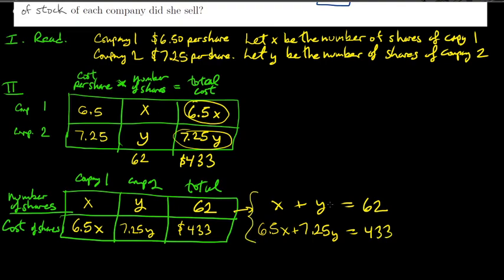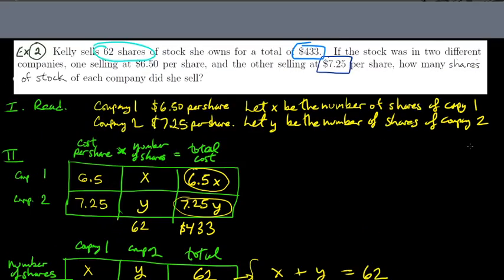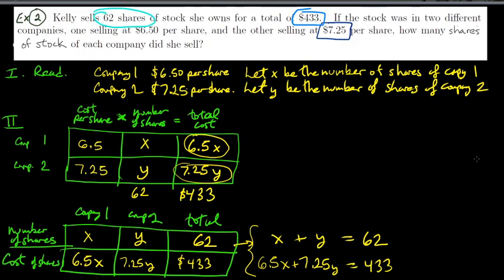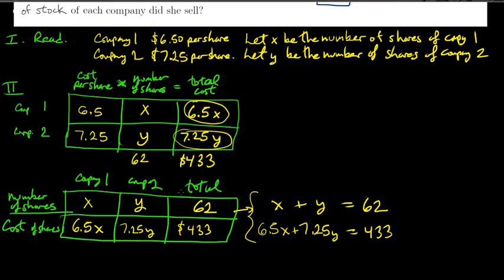So those are our equations. Everyone okay so far? I didn't really need this first table here. I just did that to organize the information. It's really the second table that's more comparable to the table we used in the first example.